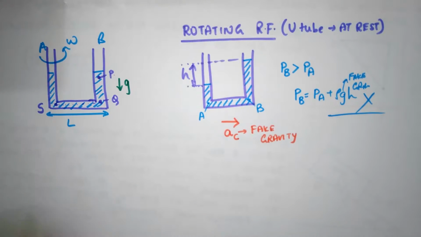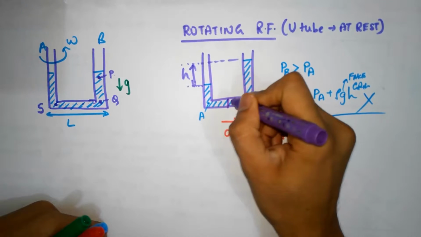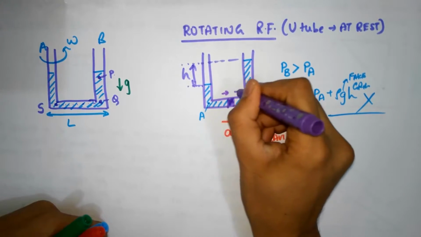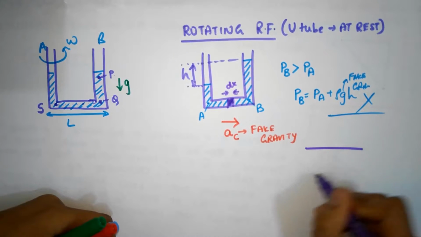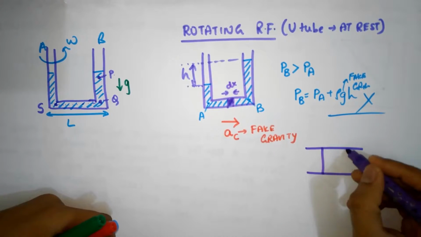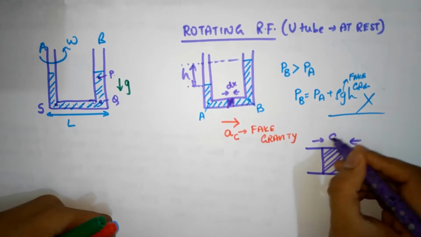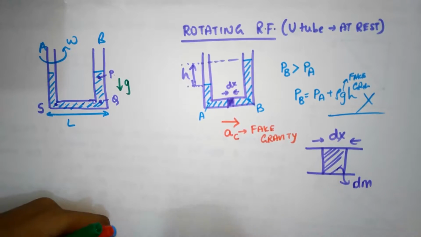So what we'll do is pick a random section of the fluid over here, which I have marked. Let's take that section to be dx, and I will zoom that in over here. This is the section of the fluid I've taken, of length dx, and let's say the mass of that section is dm.